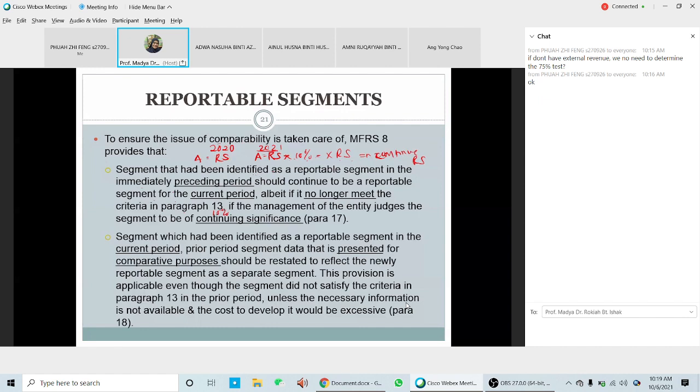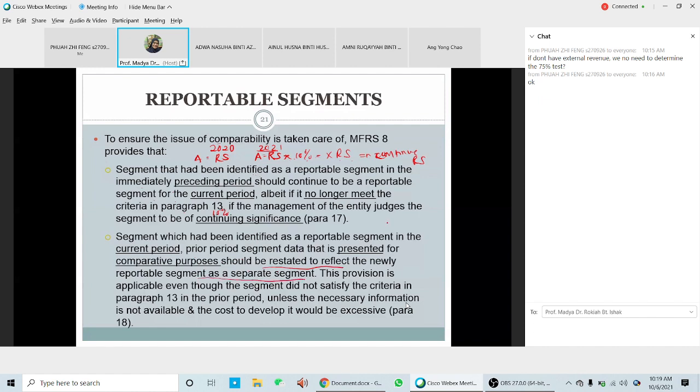Okay. And then in the other situation, if a segment has been identified as a reportable segment in the current year, the prior period segment data presented for comparative purposes should be restated to reflect the newly reportable segment as a separate segment.